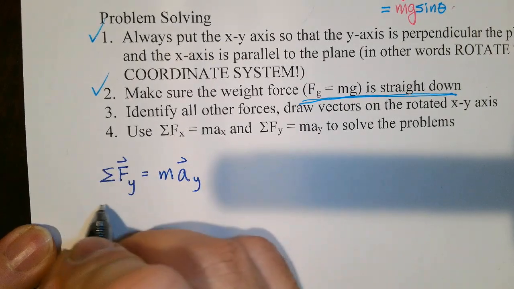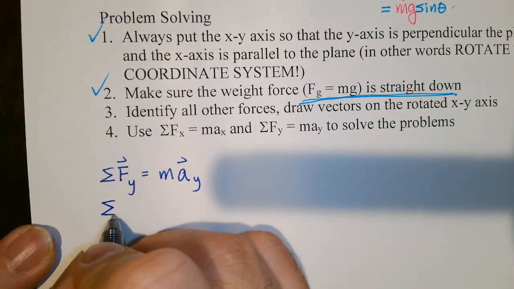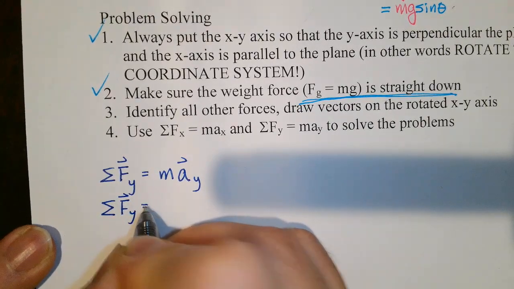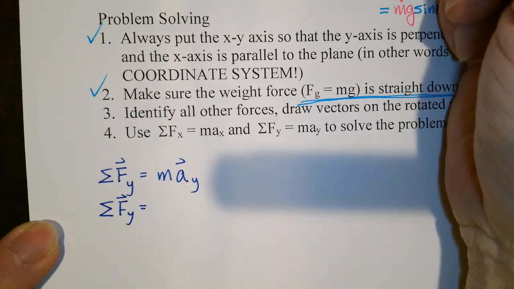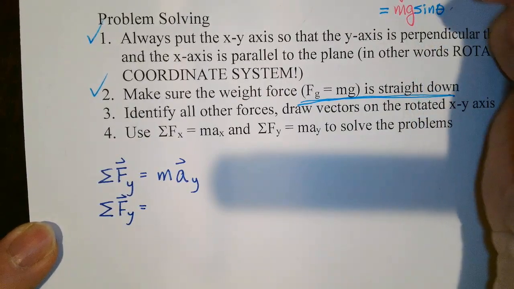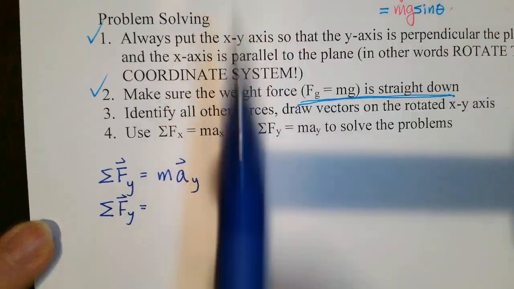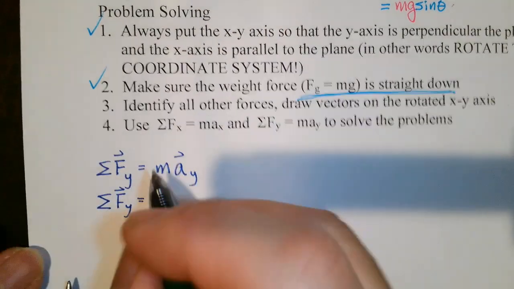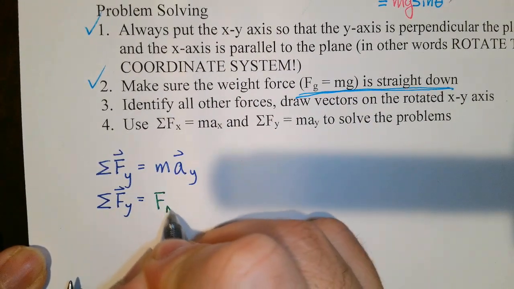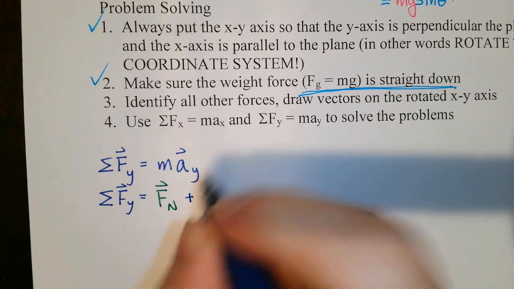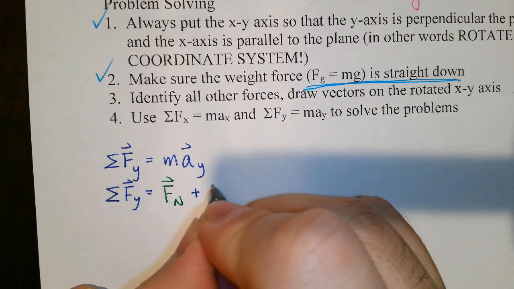Then, if I were to add up all the forces in the y direction, it looks like I only have two forces in the y direction in this case. I have F normal and FGY. So I have F normal plus FGY, right?